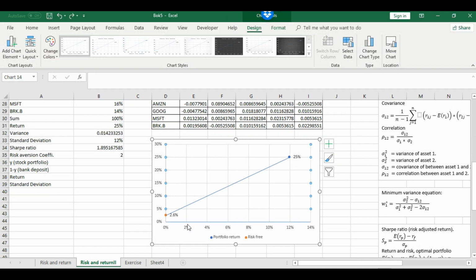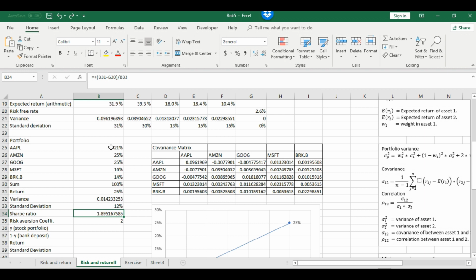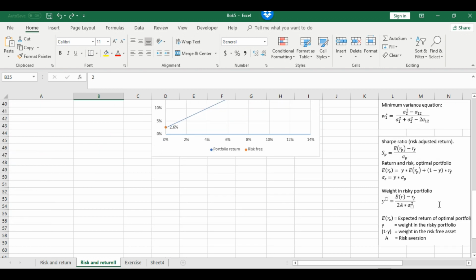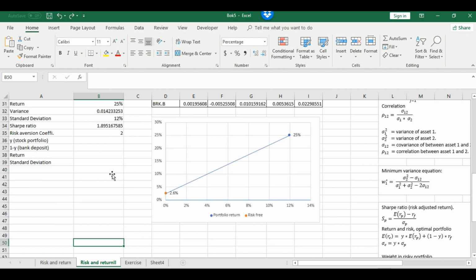The proportion of the total capital that should be invested in this portfolio depends on the investor's risk aversion coefficient. We will use this formula and a risk aversion coefficient of 2.